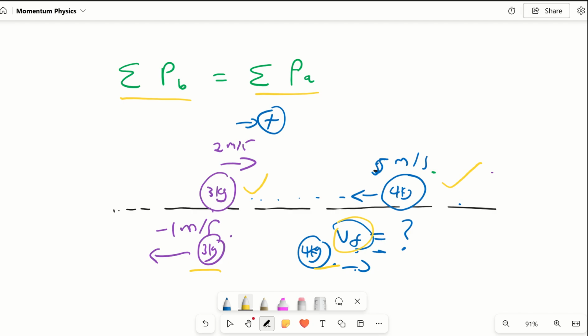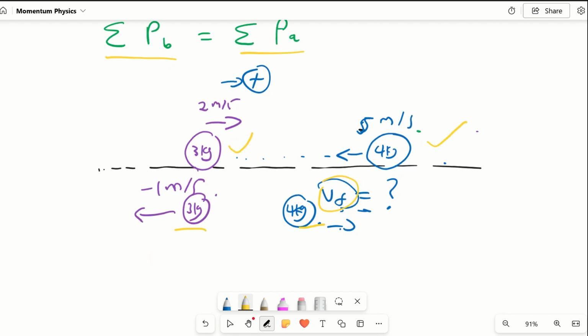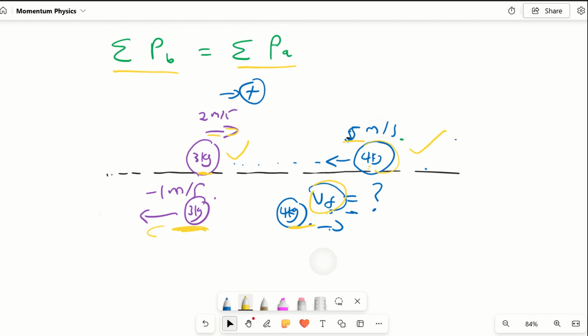So we've got a 3 kg ball moving 2 meters per second to the right. We take that as positive, and another ball moving in the opposite direction of mass 4 kg at 5 meters per second. They collide. After collision, the 3 kg ball moves in the opposite direction at 1 meter per second, while the other ball of 4 kg moves at a speed we don't know. We are asked to calculate the speed. This is how we're going to calculate the speed.